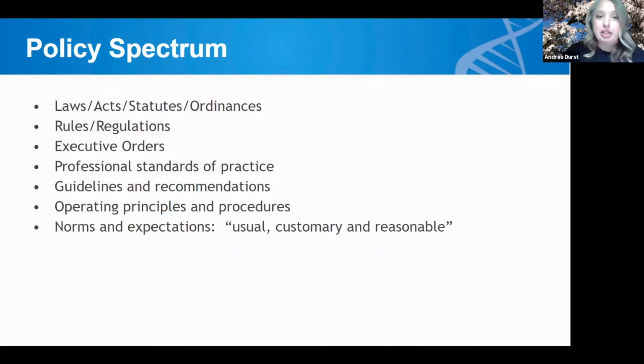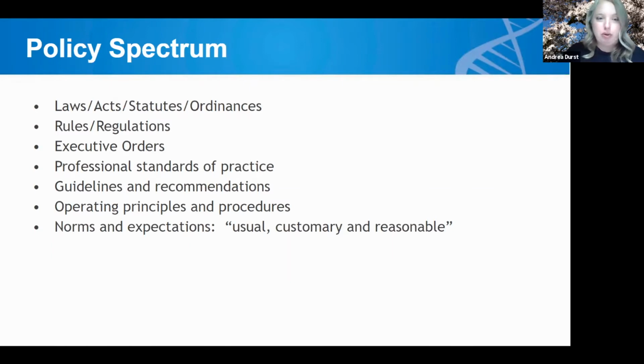All right, so as I mentioned previously, policy really extends beyond just laws and statutes that are implemented by our federal, state, and local governments. In fact, policies from other organizations often have significant impacts on our practice as genetic counselors and public health professionals.